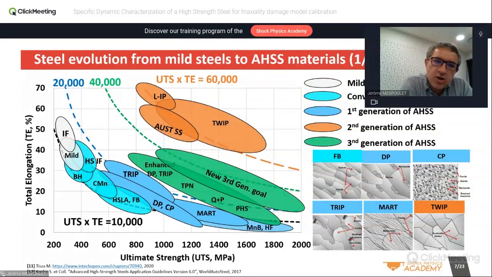They diminished this product a little bit, but they managed to make them realistic from an industrial point of view. So you see, people continue to develop steels and ways to produce them, to have a good compromise between price, production plant capability, and the capabilities of those steels.